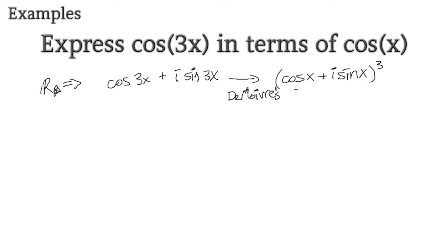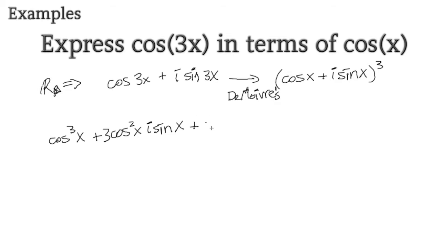With that now, we can simply expand using binomial expansion, which should give us cosine cubed x, add 3 cosine squared x i sine x. Remember the coefficient.